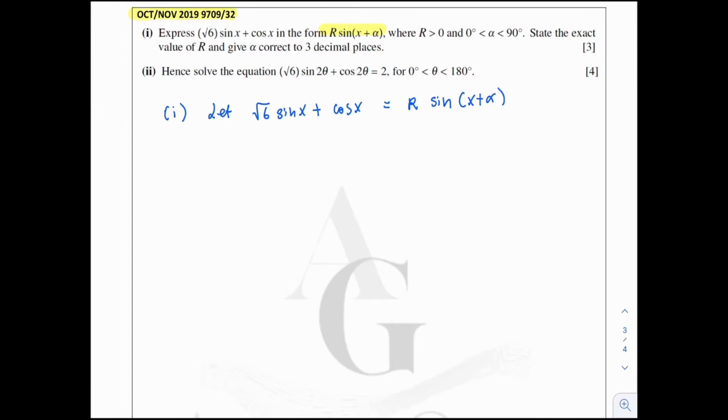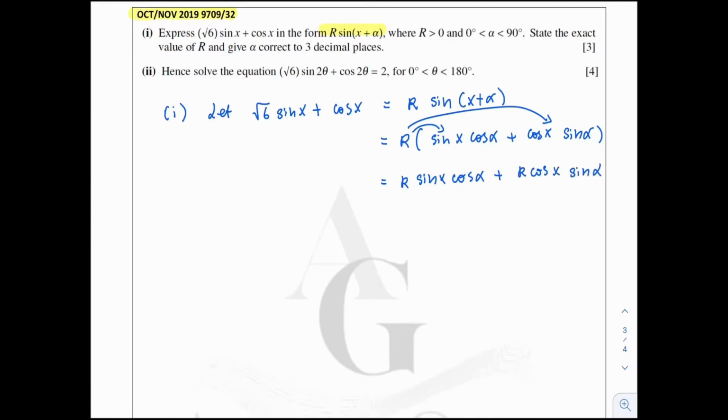And then the next step, you will need to expand the right hand side by using the compound angle formula, which is sine x cos alpha plus cos x sine alpha, and the r is supposed to multiply into both of it, which gives you r sine x cos alpha plus r cos x sine alpha.